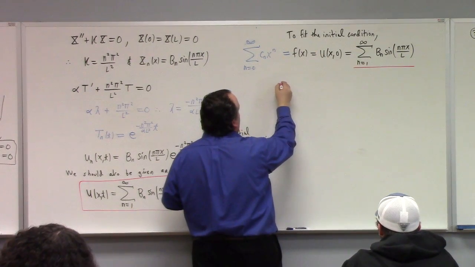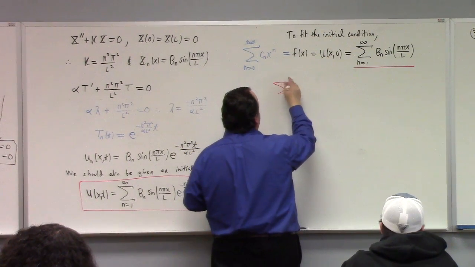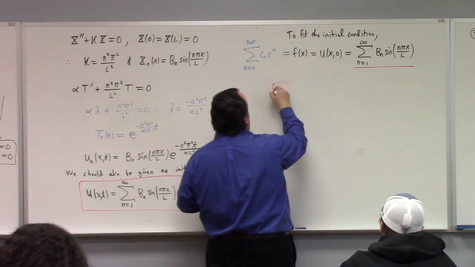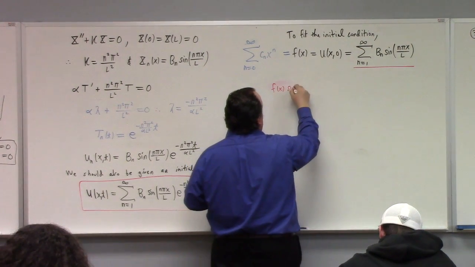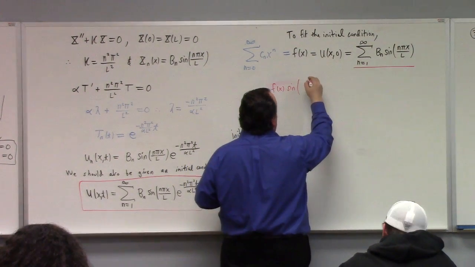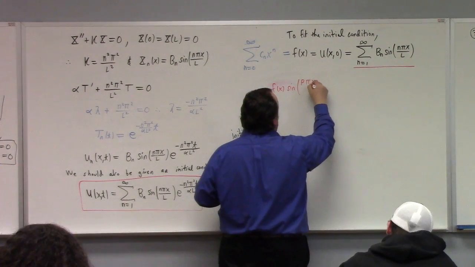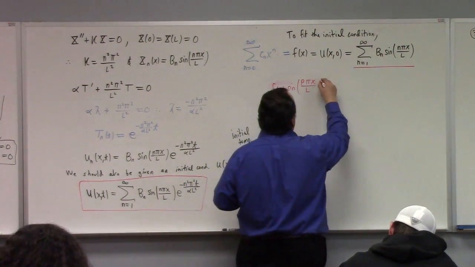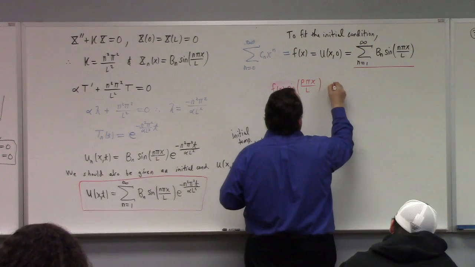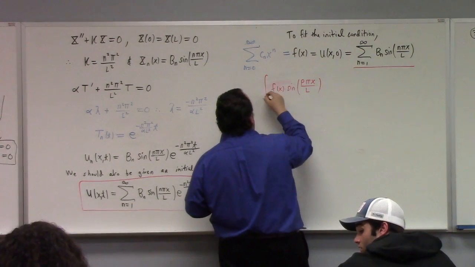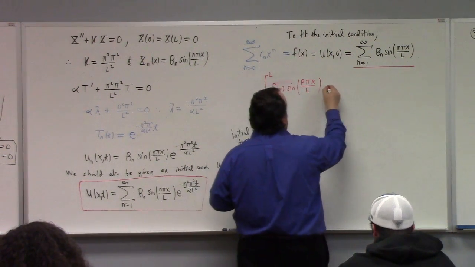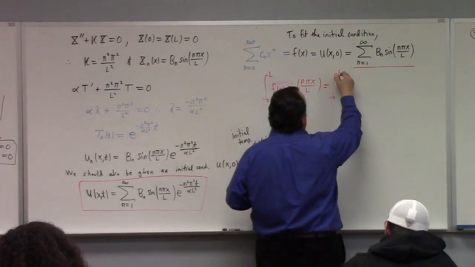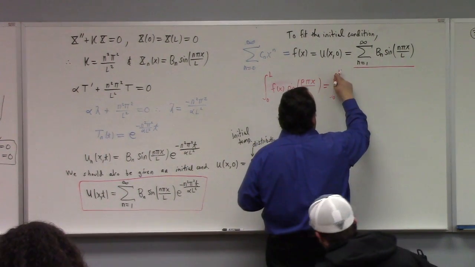So if we just multiply both sides by f of x times the sine of, let us say, p pi x over L, all right? And what we're going to do is integrate that from 0 to L. That would be equal to the integral from 0 to L of, and if you don't mind, I'm going to skip a step here.